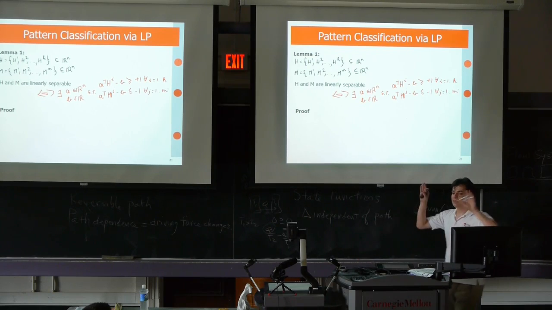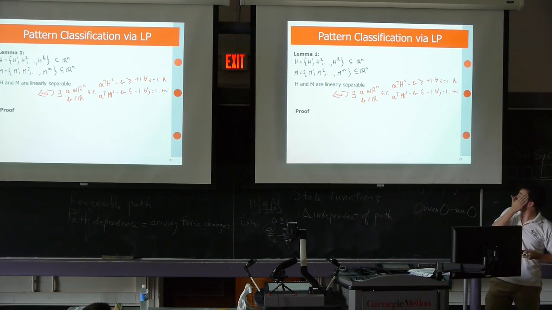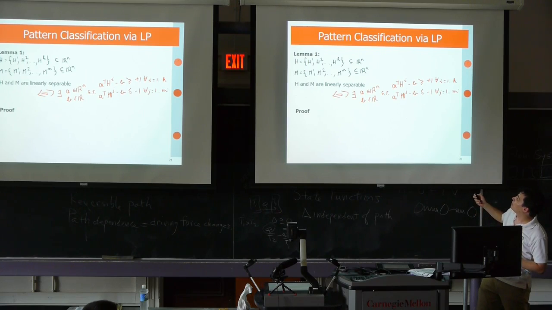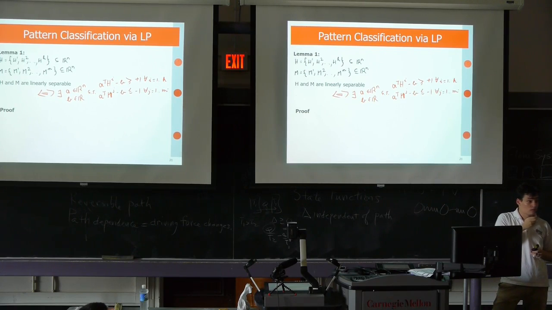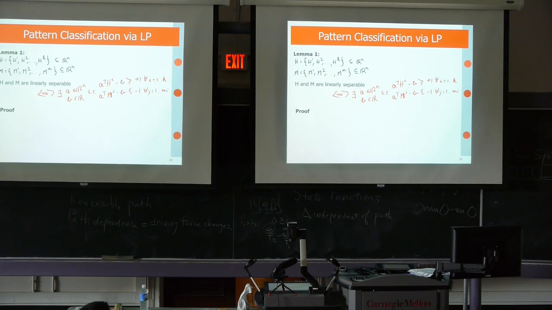So let these sets be strictly separable. Then what I'm saying is that I can rescale, I can find A and B such that I can write this +1 here and this -1 here. The definition of linearly separable doesn't mean that I could find the +1 and -1. We need to prove that.